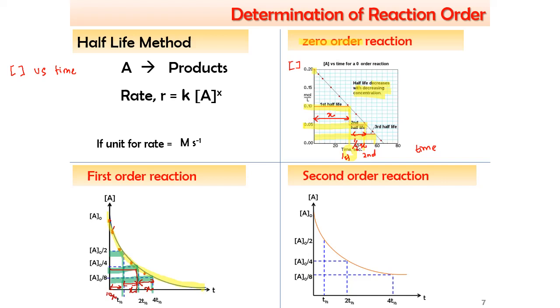So from there we can deduce, since Half-Life is constant, so you can also write the value, let's say 10 minutes.